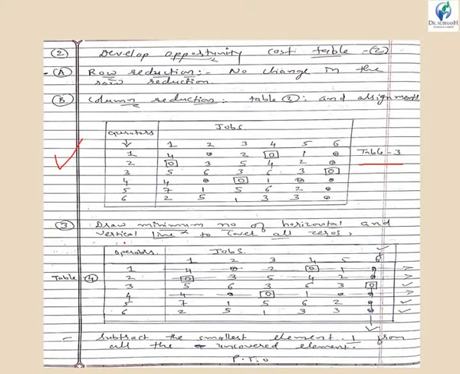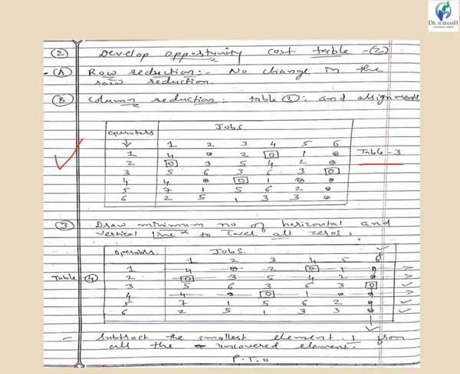To solve that problem, draw the minimum number of horizontal and vertical lines. We have the 5th and 6th rows with 0 assignments, so we have ticked the 5th and 6th rows. Now for the ticked rows, we need to check which column the crossed 0 belongs to. For the 5th row and the 6th row, the crossed 0 belongs to the 6th column, so we have ticked column 6.